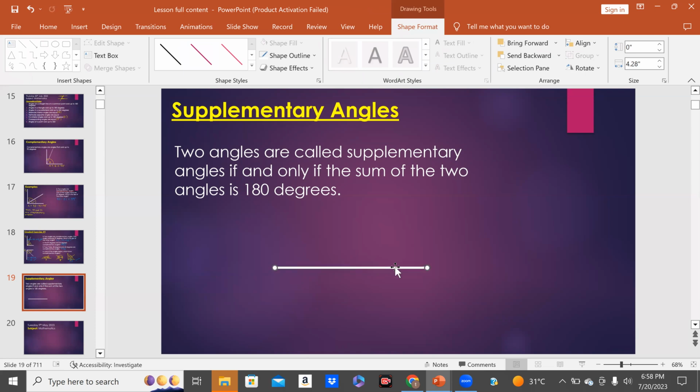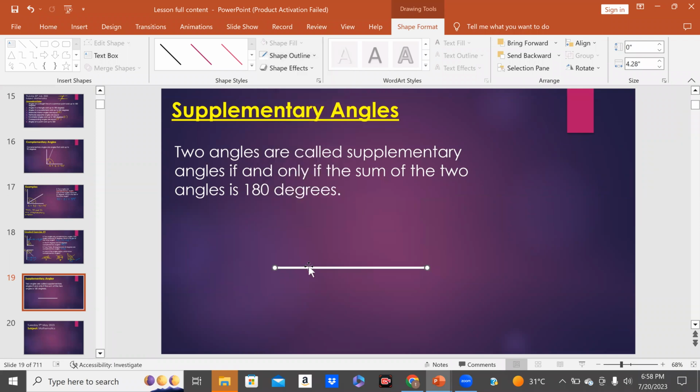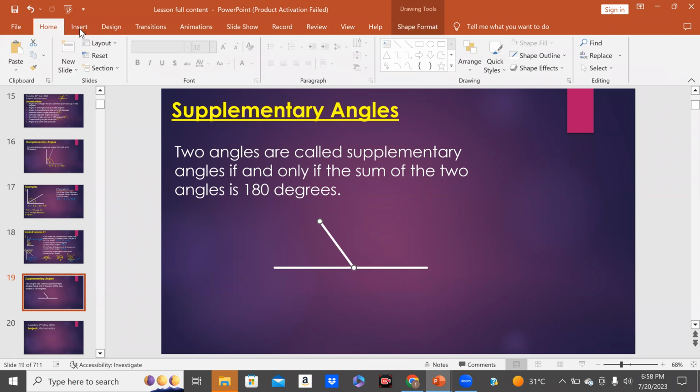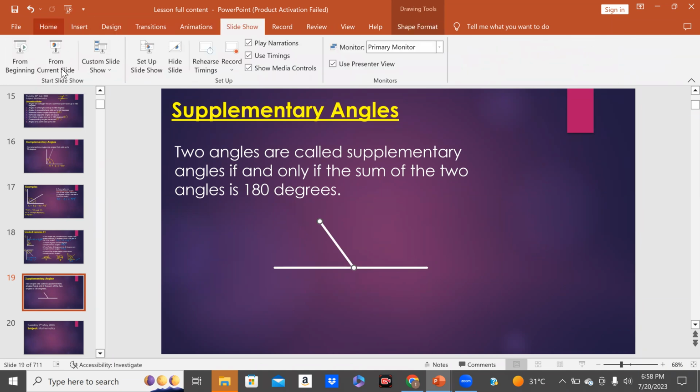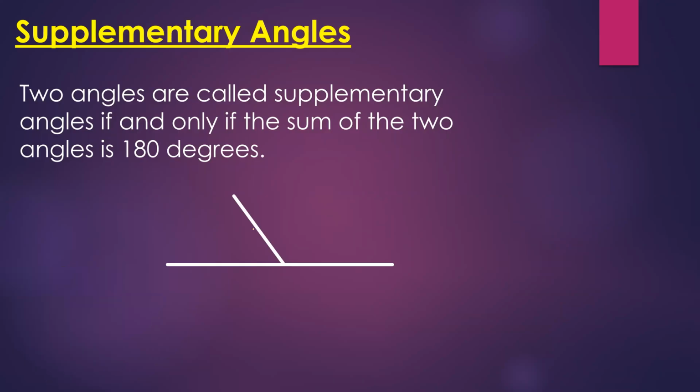Let's say if we have the shape and so we have, they're on a straight line and so we have this one, let's say that this is A and this is B. We say that A plus B.